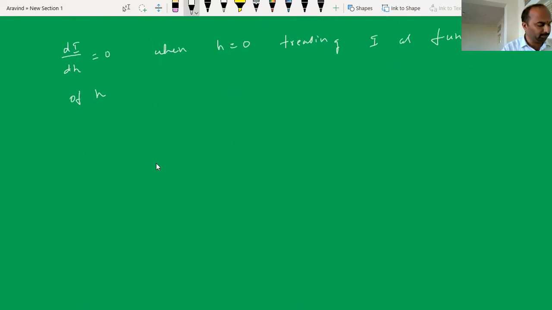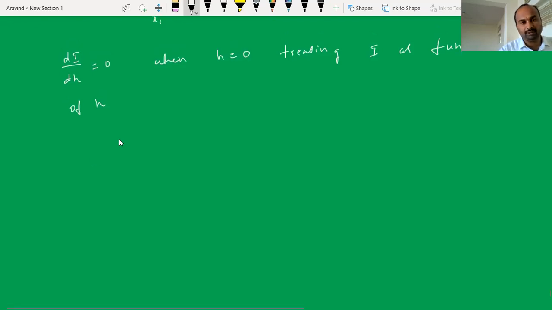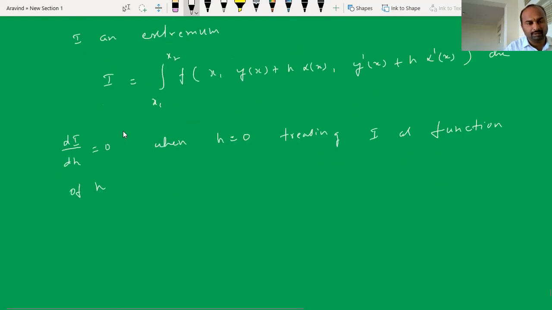Now, if I differentiate this integral, dI/dh will be equal to the integral from x1 to x2 of ∂/∂h of f(x, y(x) + h α(x), y'(x) + h α'(x)) dx.